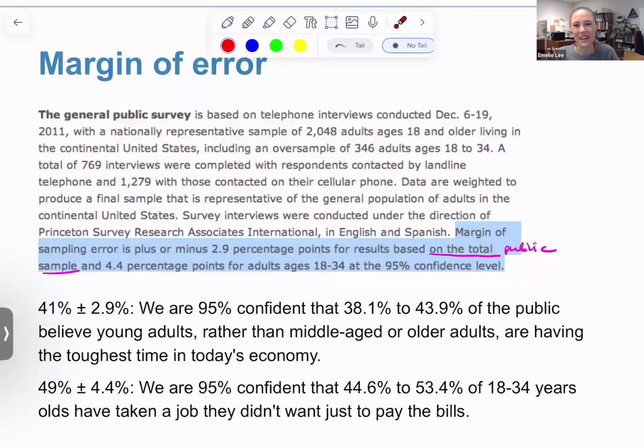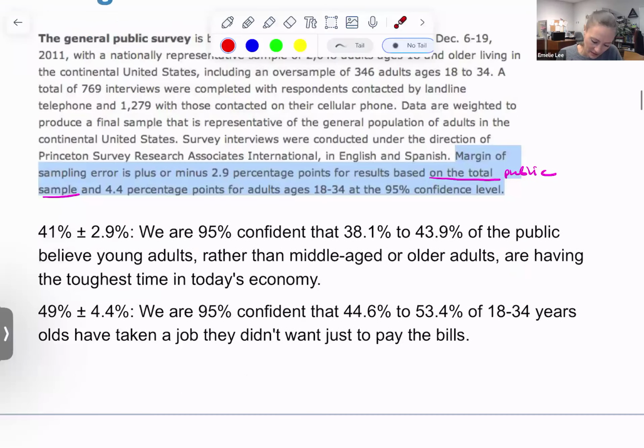Now, I'm going to pretend we didn't see that for a little bit, okay? Just a little bit. Okay? But so how we can write this is, okay, we've got our point estimate, 41% or 0.41, and then we have plus or minus 0.029 or 2.9%. Yeah?